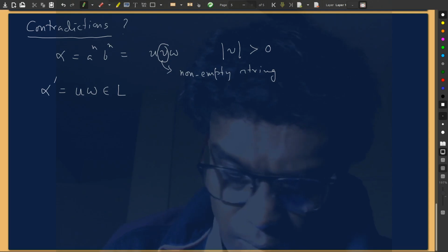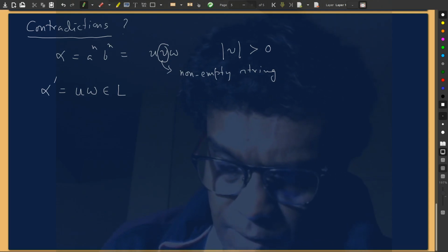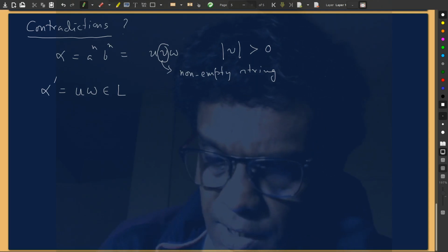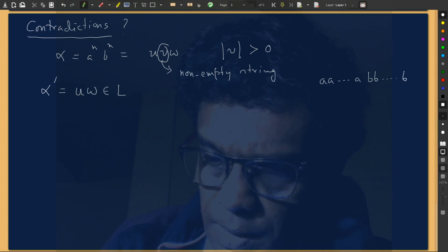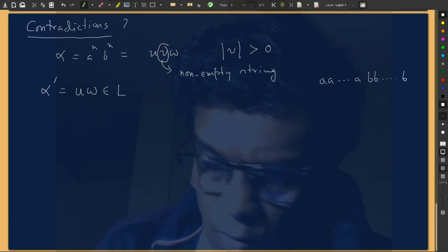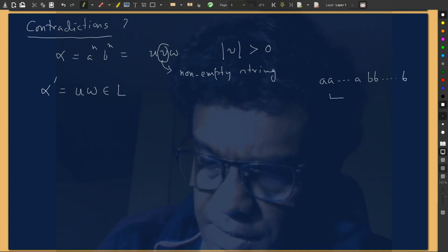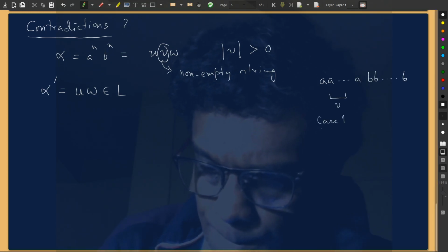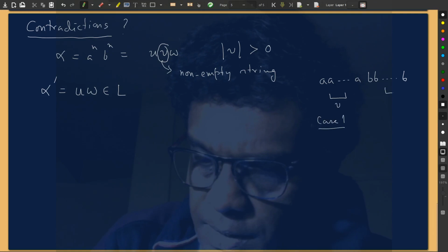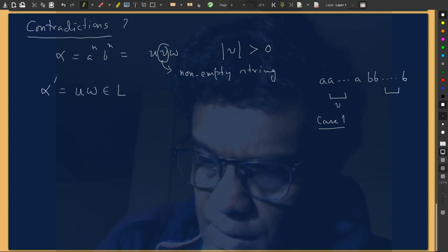So there are three possibilities. So I have the block of A's, then B's. So my V may be inside the block of A. So this is case 1. V may be entirely inside the block of B. This is my case 2.